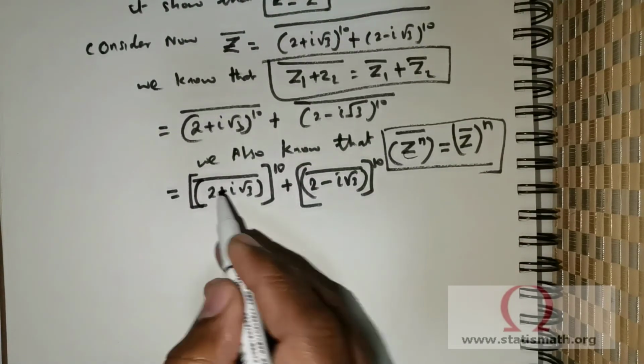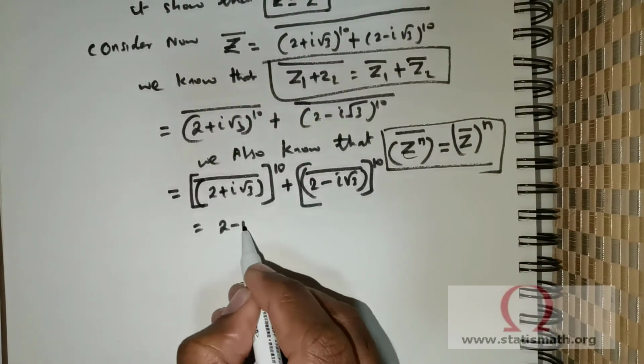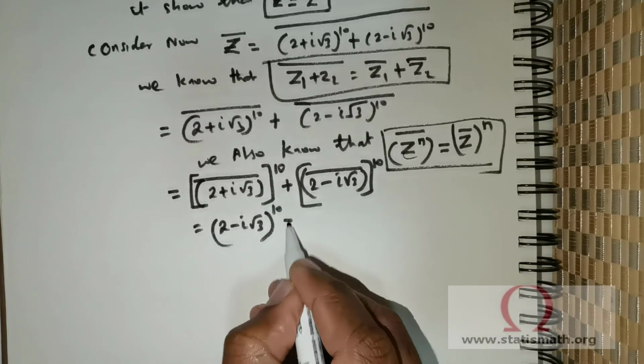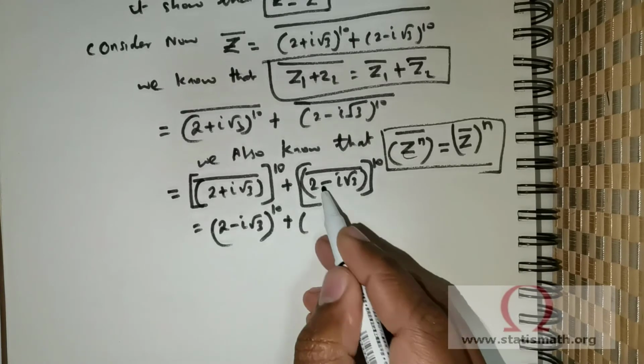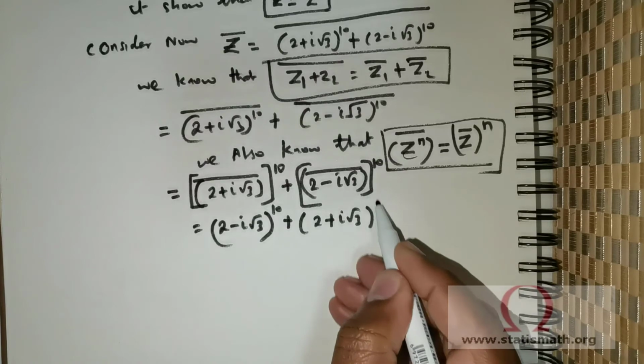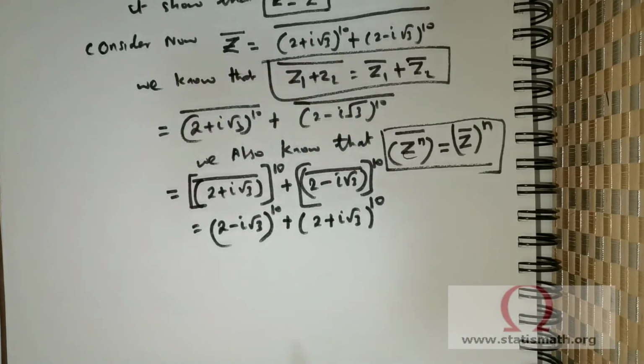Now when we do that, the conjugate of this is going to be (2 − i√3)^10. Conjugate of this is going to be (2 + i√3)^10. Now what is this?